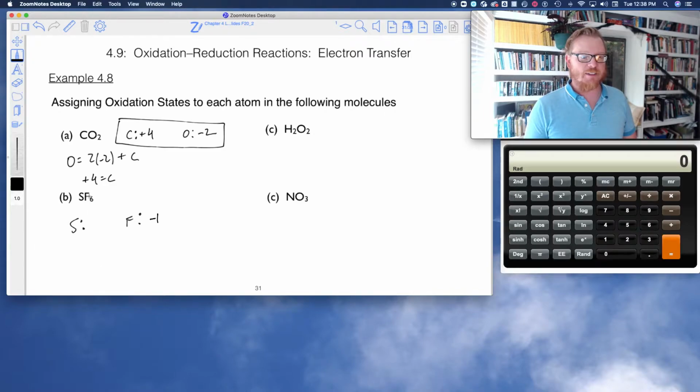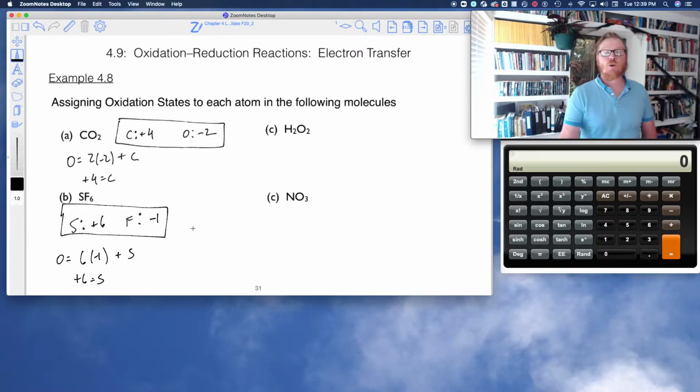So SF6, neutral compound, so everything has to add up to 0. So I know that there's 6 fluorines, and each one is -1. And quickly doing some algebra here, that means the sulfur has to be +6 for the oxidation state.